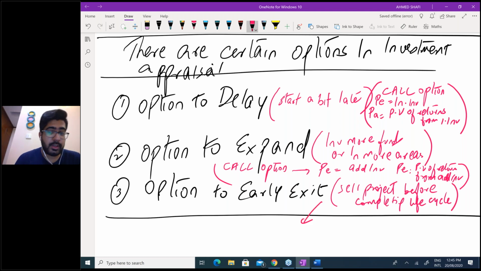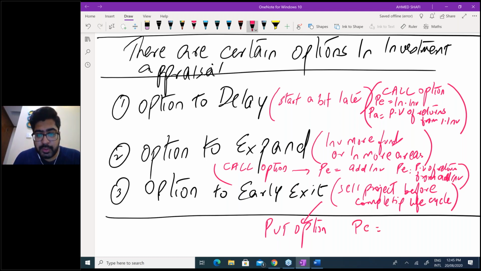And option to early exit. Here you are not investing. Early exit means you are not investing. Someone is giving you money to exit early. Since someone is giving you money, you are selling the project before expiry date. So selling means this is the put option.